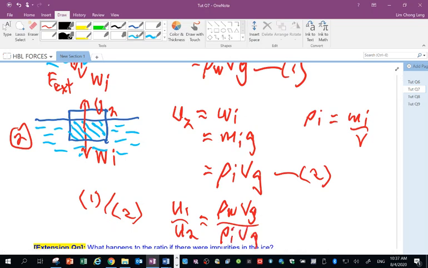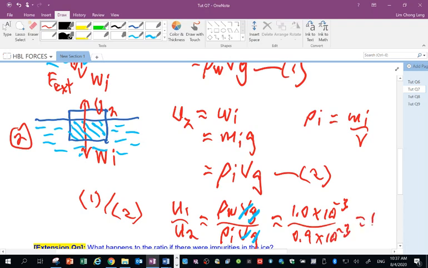So I can cancel away Vg. So what I end up with is the density of water, which is 1.0 times 10 to the power minus 3 kilogram per cubic centimeter, and that for ice is 0.9 times 10 to the power minus 3. So that gives me a ratio of 1.1.